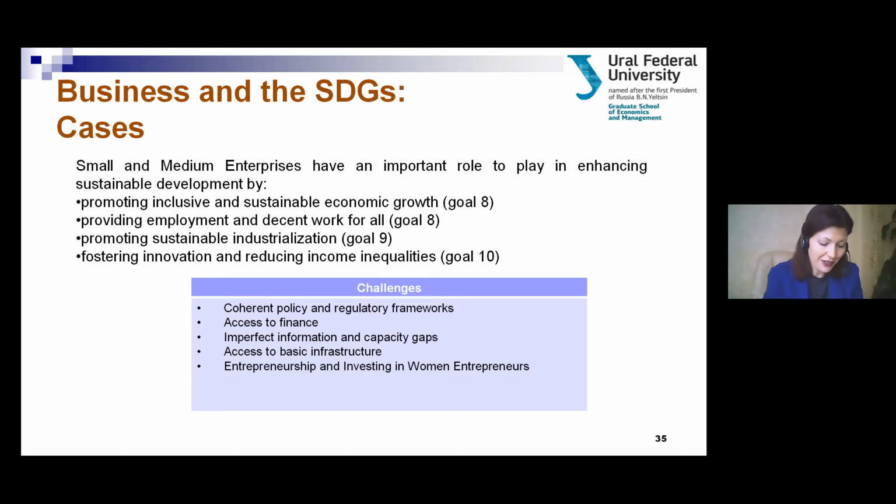And there is a very interesting observation: while in Western Europe, small and medium-sized companies are more devoted to ecological and packaging issues, in Eastern European countries they're more concerned about economic growth and economic awareness of clients in their smaller circles. Of course, access to basic infrastructure, imperfect information and access to finance are the biggest challenges for small and medium businesses.